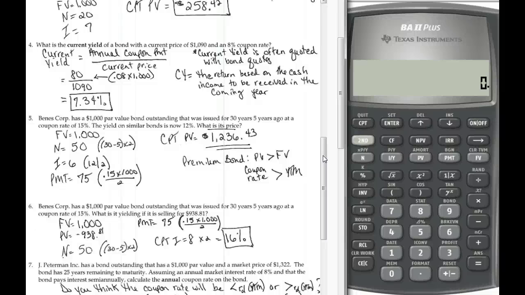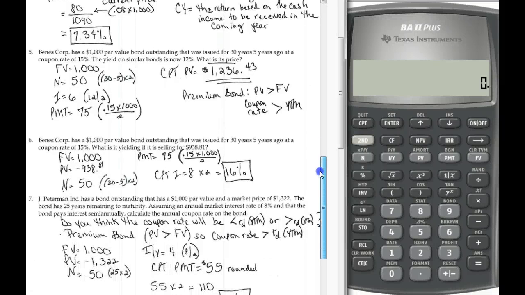So in this case, the annual coupon payment would be 0.08 for the 8% coupon rate times 1,000 par for $80, divided by the price of $1,090, and the current yield is 7.34%.